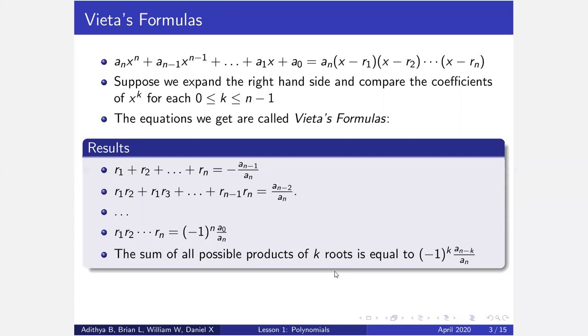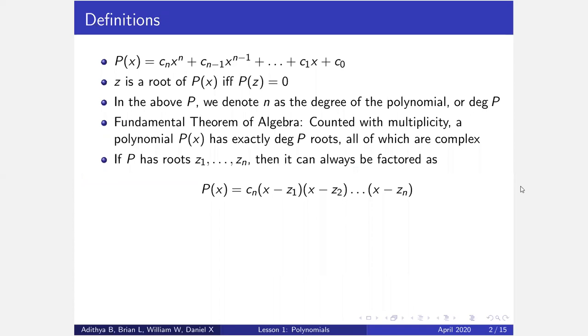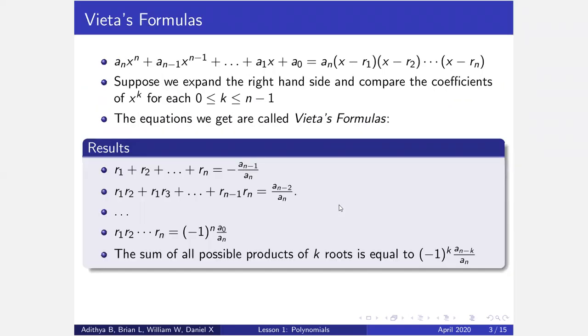Can somebody tell me what the coefficient of x to the n minus 1 is on the right-hand side? Oh yeah, when I'm asking questions, you should probably send to me.